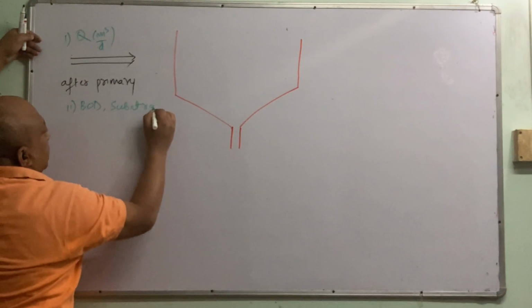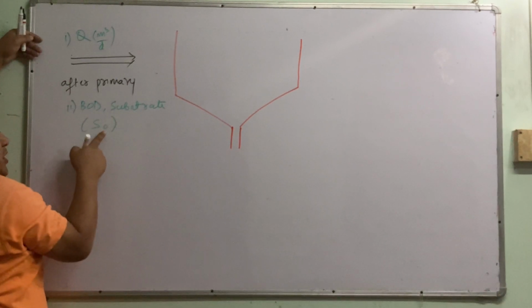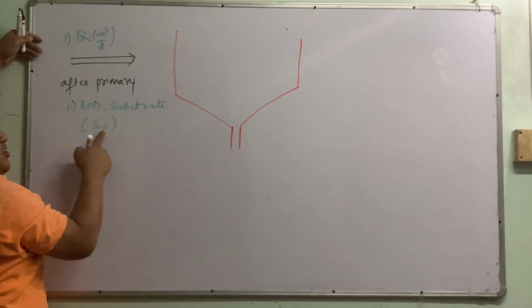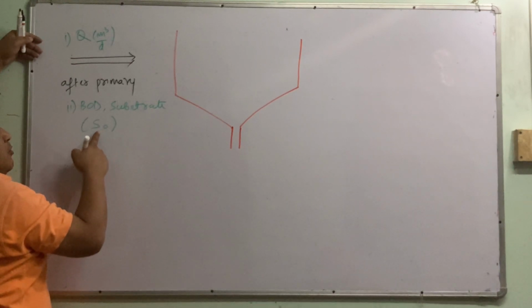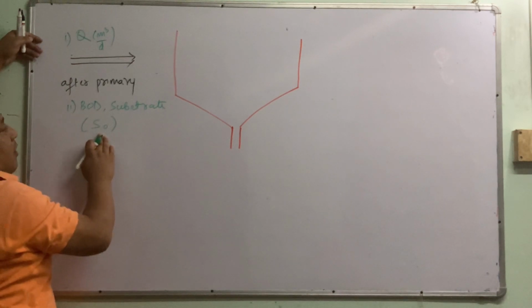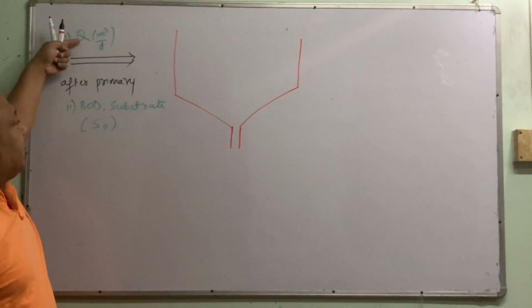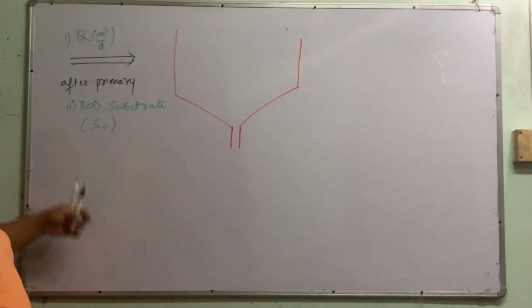So it is denoted with S naught. The O is there because it is S0, the initial concentration of the BOD that is coming to be treated. So the wastewater is coming along with Q and along with S naught.